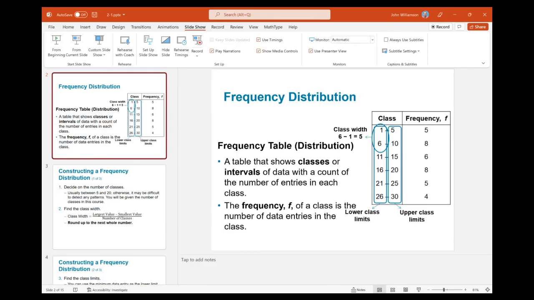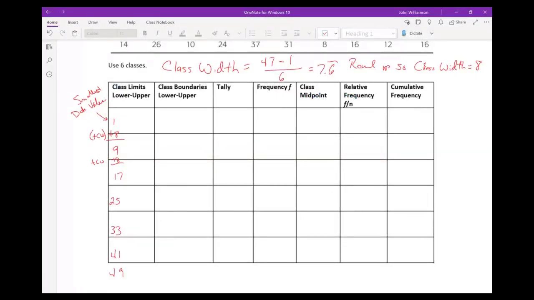Remember, we're taking that long list of raw data, like I showed you last week or 2 weeks ago now, and we're just putting it into boxes basically. So each of these classes, think of it like a box. If there were overlap between the different classes, you could potentially put something in two different boxes. So how would you know which class to put it in? We do not want overlap.